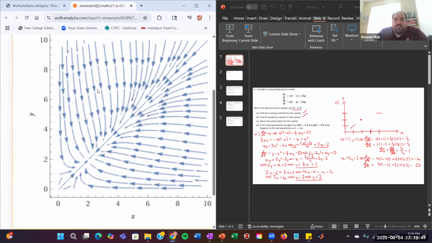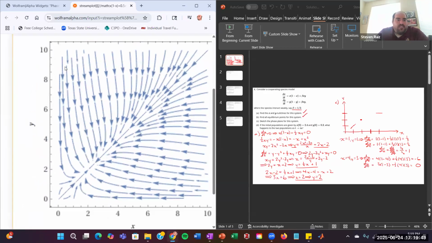I see that happening up here, but it's kind of hard to pluck out of here what truly is vertical.